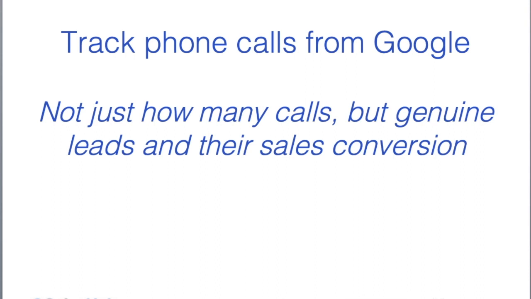It could be someone phoning up for a job, someone phoning up selling advertising. But that's the beauty of our system, it spots those and doesn't count them towards your figures. But then it's taking that genuine lead and tracking it right the way through to sale so that you can insert that value back into Google AdWords and get a whole bunch of benefits from using the Google AdWords interface. So that's our advice.